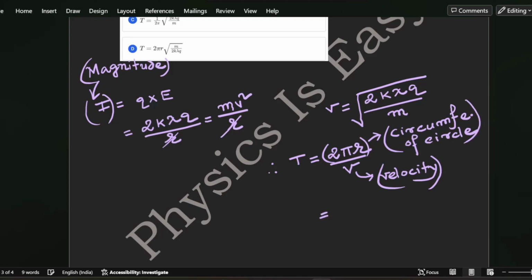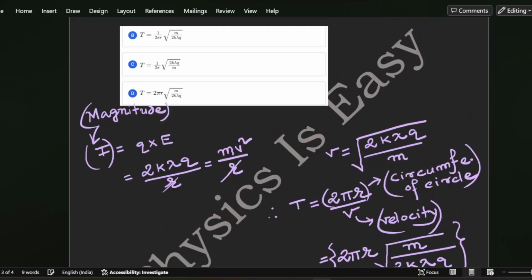So dividing the distance by velocity, we'll be getting the time period. So 2 pi r, and we have already calculated velocity, so we can just write its reciprocal here. That will be m divided by 2k lambda q. This should be the answer.